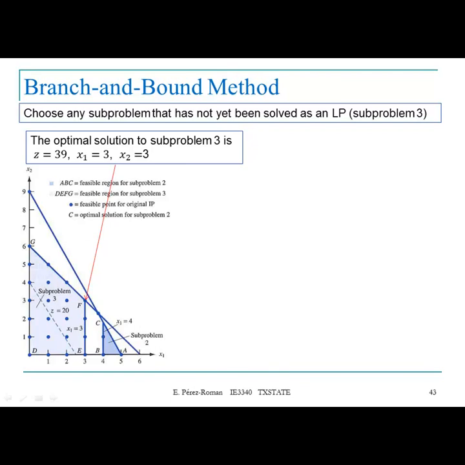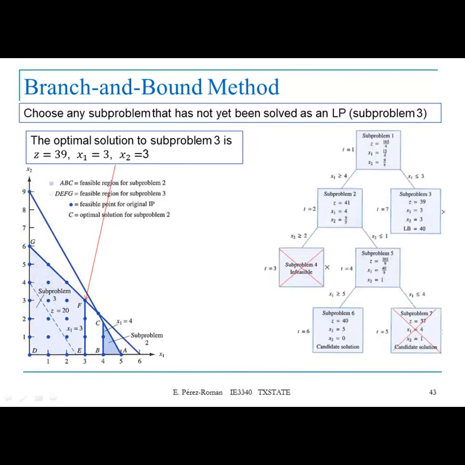And when you search for the optimal for this area, you'll find that the optimal solution is 39, which x1 equals 3 and x2 equals 3, which is this point here. And guess what? That is an optimal solution that is integer. So you don't have to do anything more with this area. You can put that here.